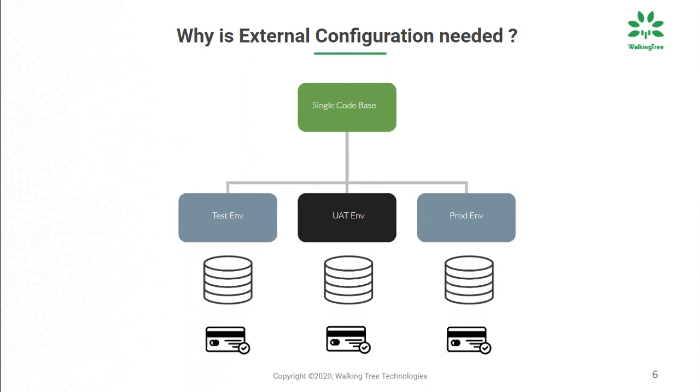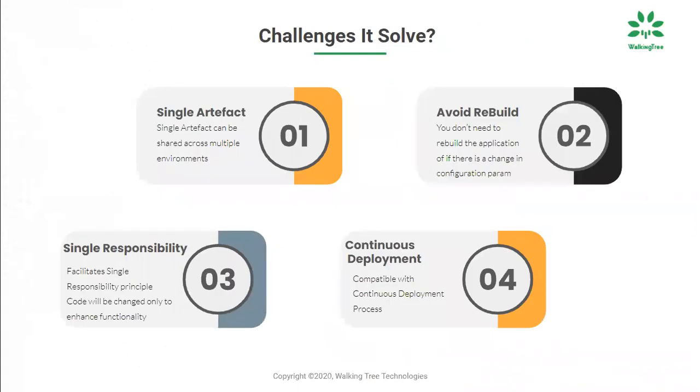So even though the code is the same, the external entities that you connect to, or some behavior, need to change based on the environment that you are running. This is a common case. It is not anything new, but it's a common case.